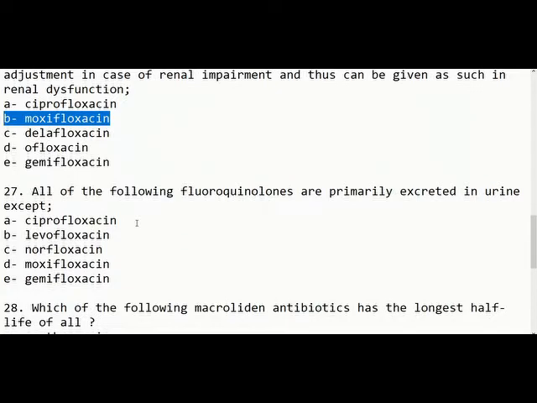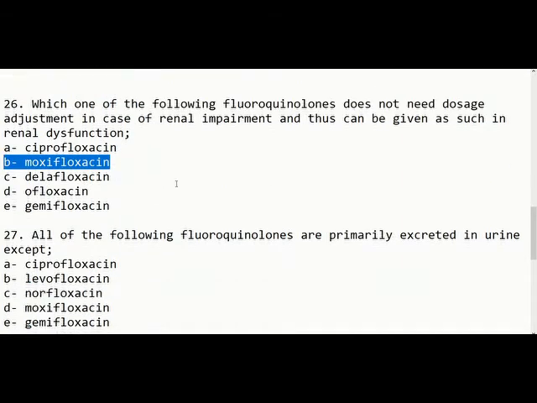Now moving on to the next MCQ, all of the following fluoroquinolones are primarily excreted in urine except. So options are there again: ciprofloxacin, levofloxacin, norfloxacin, moxifloxacin, and gemifloxacin. As we have learned in the previous MCQ, the fluoroquinolone that does not need dosage adjustment in case of renal impairment is not excreted via renal route, so we can give this fluoroquinolone in renally impaired patients.